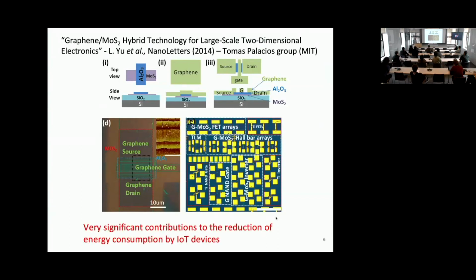Indeed, it is expected that these types of devices will make very significant contributions to the reduction of energy consumption in Internet of Things devices, because naturally, being confined in the ultimate atomic thin layers, they have the lowest possible consumption of energy.